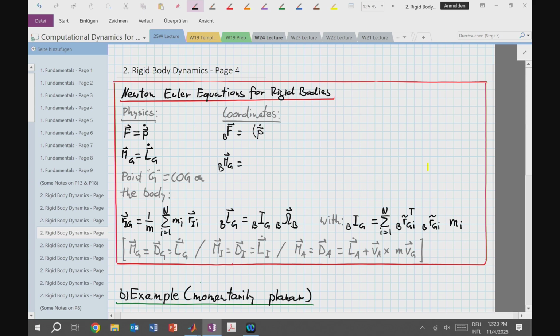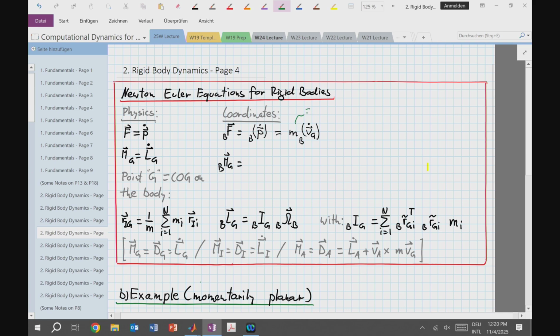I say this is the change of linear momentum, or impulse, expressed in b coordinates, and that I can write as mass times the change in velocity, specifically the change in velocity of the center of mass.